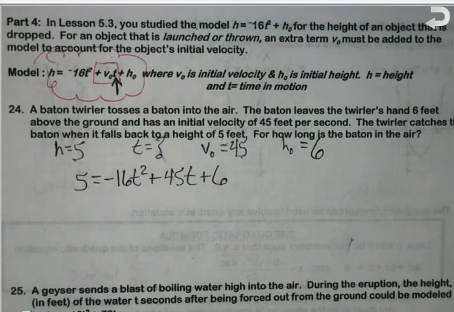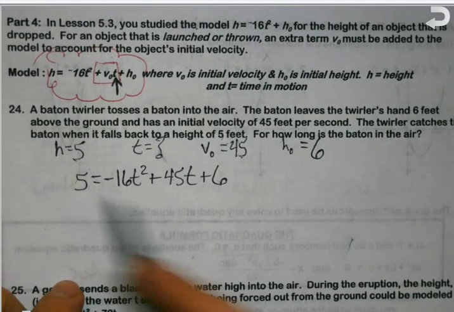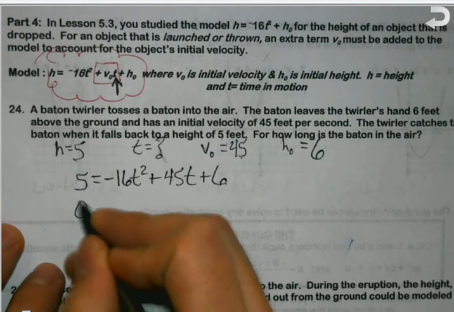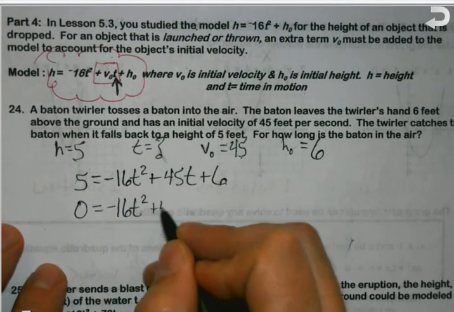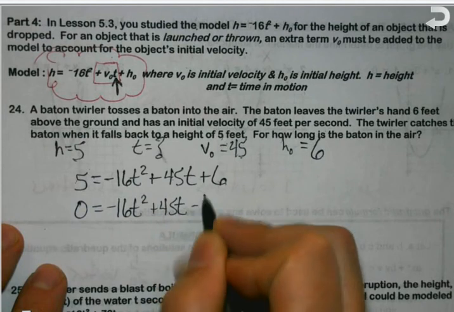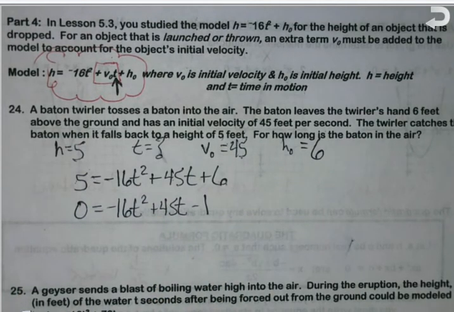What's the one thing I have to do before I can solve this? Right, the 5 has got to be over here because we need that 0. And aren't we thankful we don't have to factor it, even though we wouldn't be able to anyway? So now what? Quadratic formula, because again, it's our duct tape.